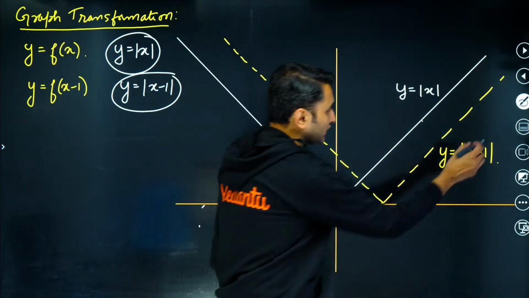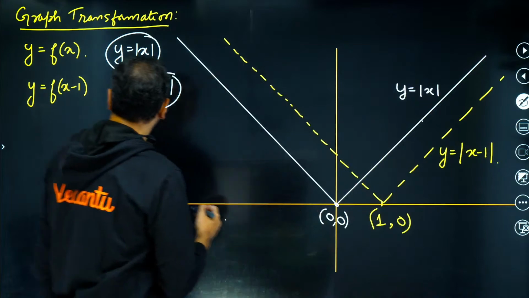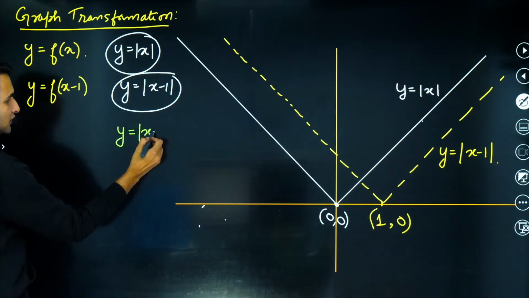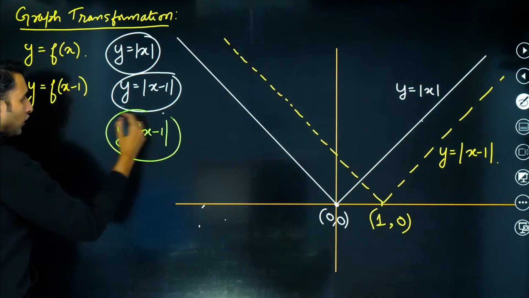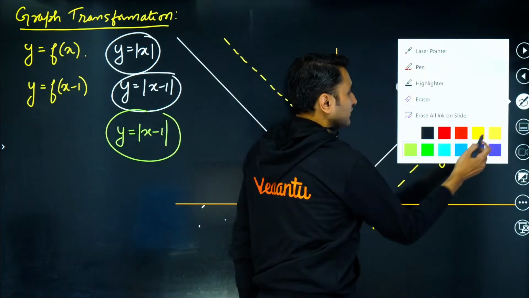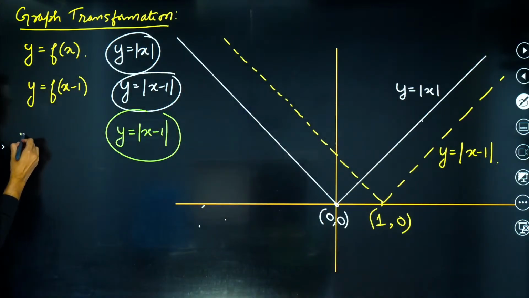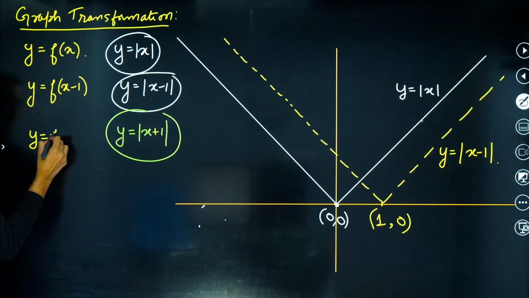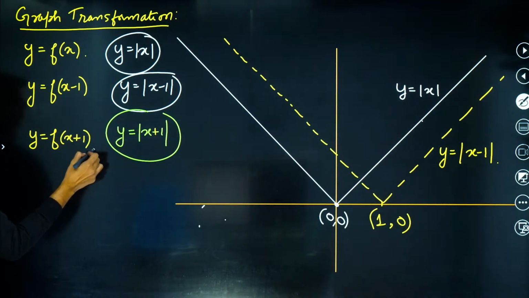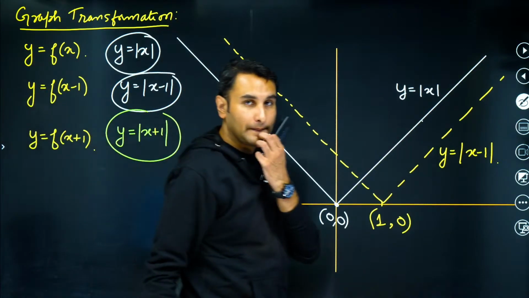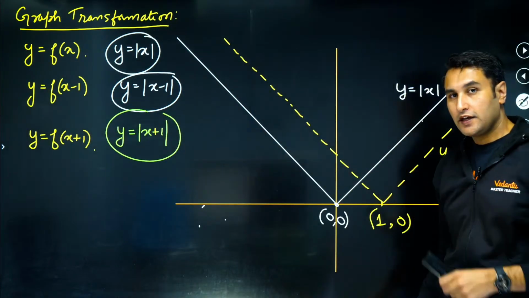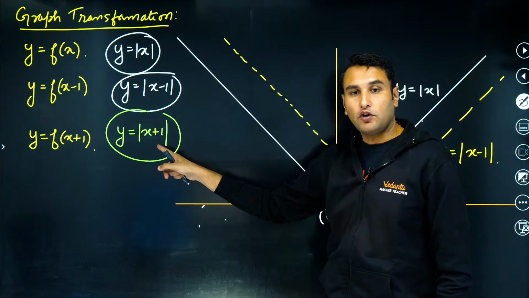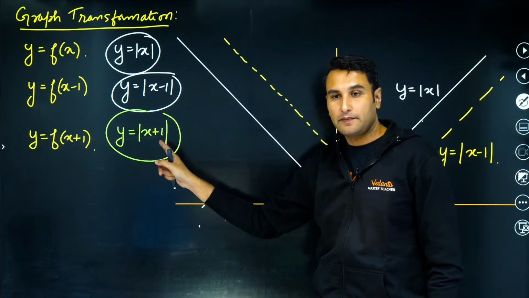Now with the same logic, can you help me plot the graph of y is equal to mod of x plus 1? In this particular case, how do you write it? The transformation is y is equal to f of x plus 1. With the same logic, what will happen? What value of x will make y 0 here?